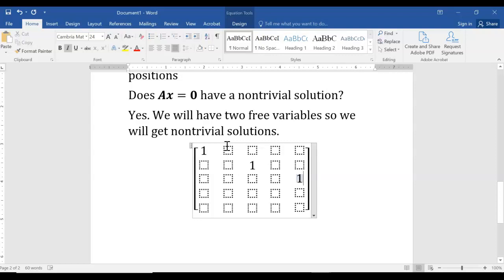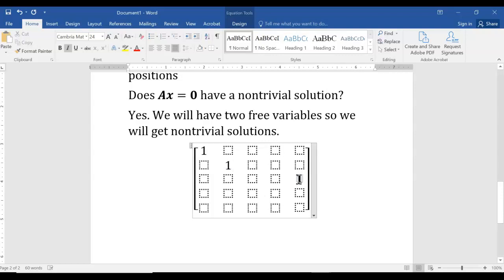Again, notice we're just still going to have two free variables. They're going to be different variables. This time, the variable x2 and the variable x4 would have been free. And if you move your pivot position over here, now the variable x3 and x4 are free.